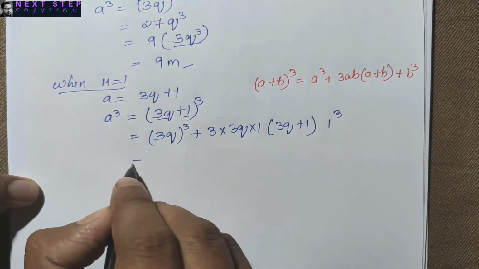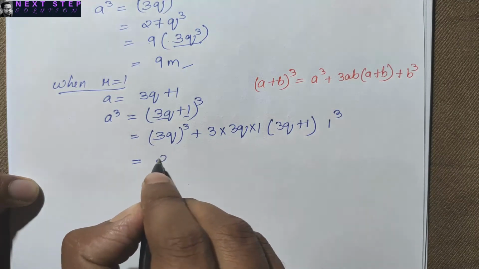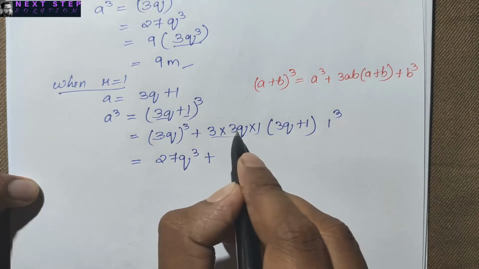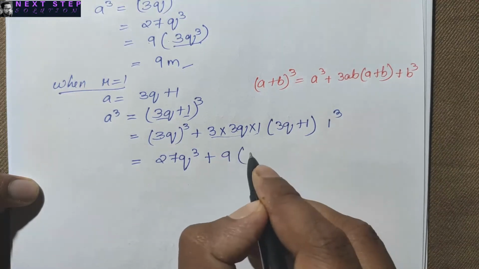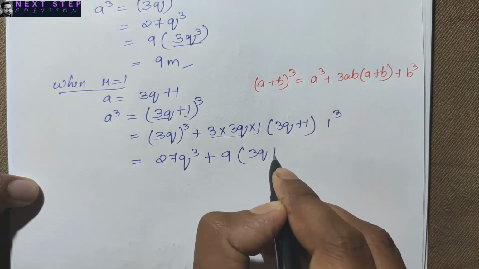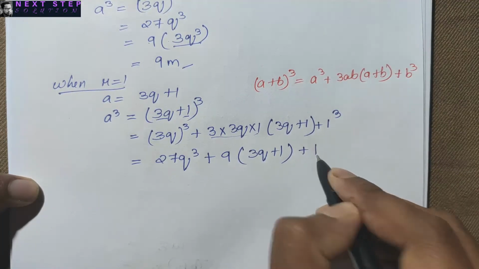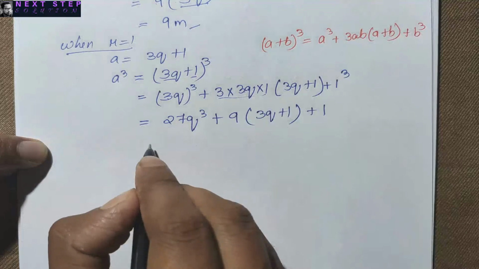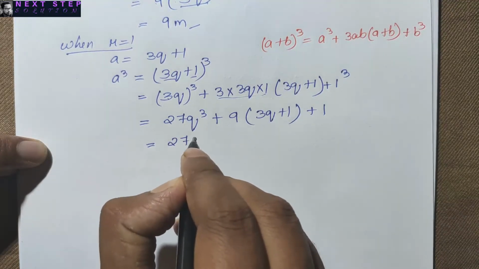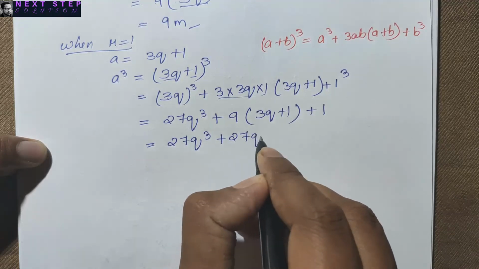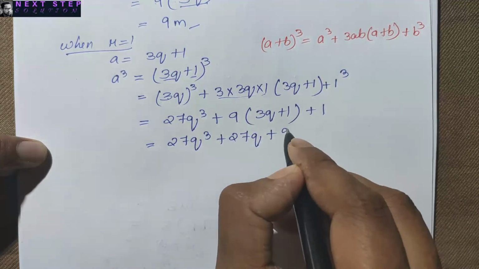Now if we solve, 3 cube will give you 27 q cube plus, if you multiply these three numbers, 3 3s are 9, 9 1s are 9, and then inside bracket we have 3q plus 1, and outside we have plus 1 cube is 1. Furthermore, we will remove this bracket. This can be written as 27q cube plus 9 3s are 27q plus 9 1s are 9 plus 1.